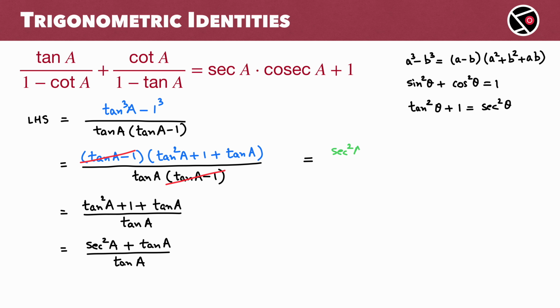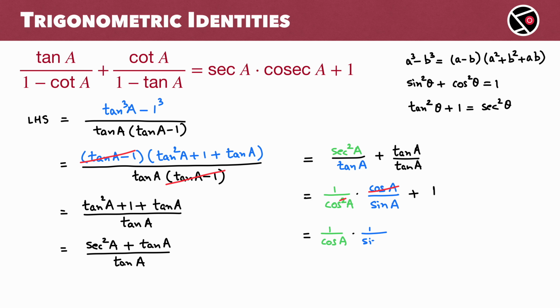Sec square A over tan A plus tan A over tan A. Replacing sec square A with 1 by cos square A and tan A with sin A by cos A. We cancel out the common terms and we are left with 1 by cos A, 1 by sin A plus 1.